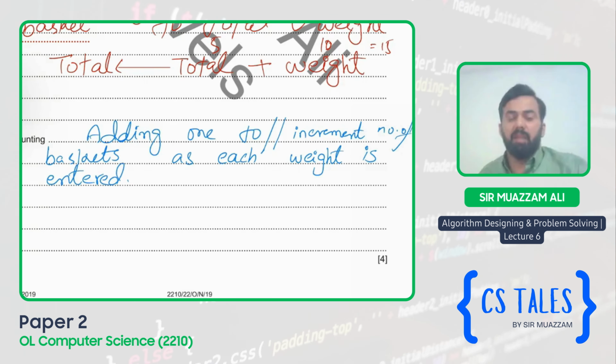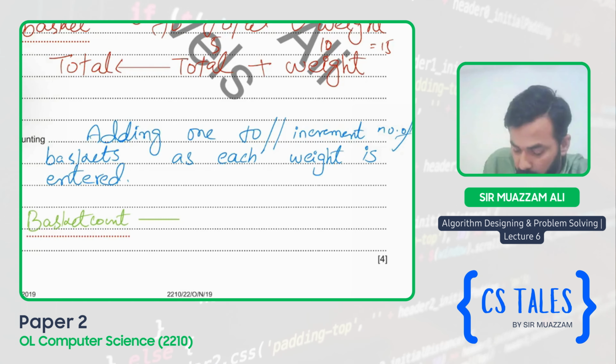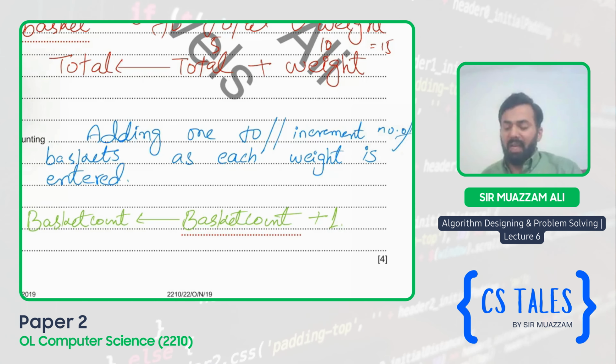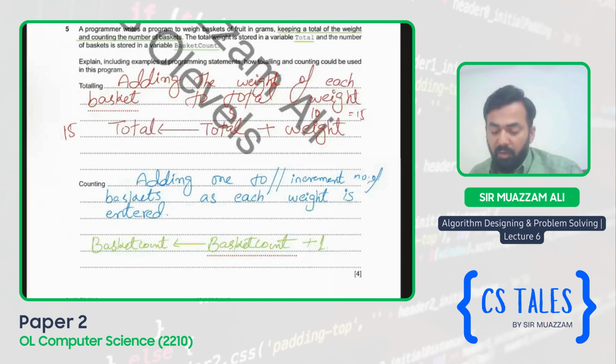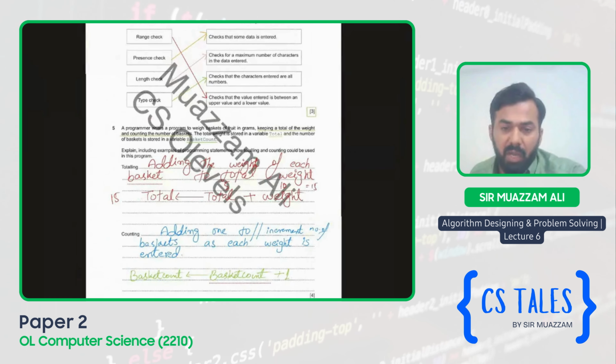So how will we count? We will write down here basket count is equal to basket count plus 1. So totaling and counting are different concepts. You should take a screenshot as well. Then we are moving forward.